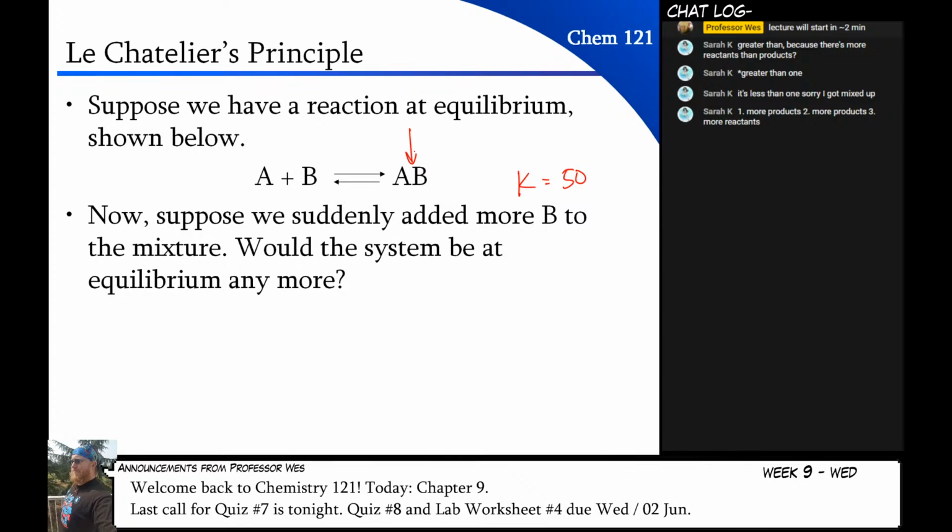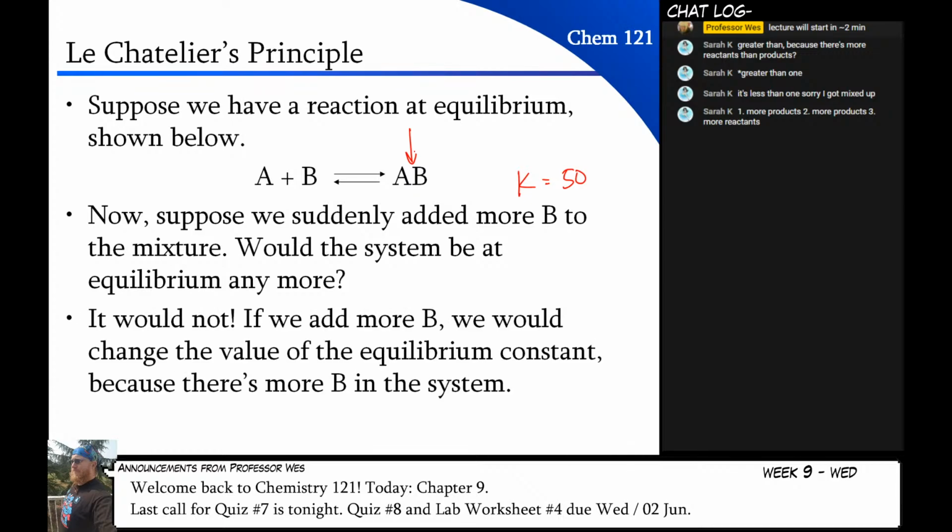So now there's lots of B. And my ratio would be all thrown off, right? Because now there's lots of products, but there's also lots of reactants. So I need to use up some of those reactants that were added in order to get K to be back where it was. Because K is a constant. I should have the same relationship between products and reactants. And I don't if I added B in.